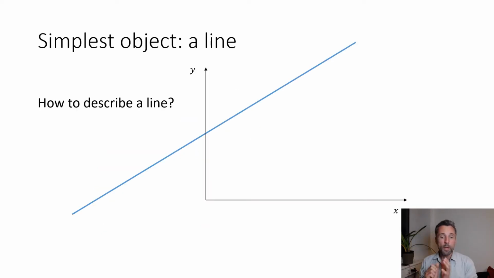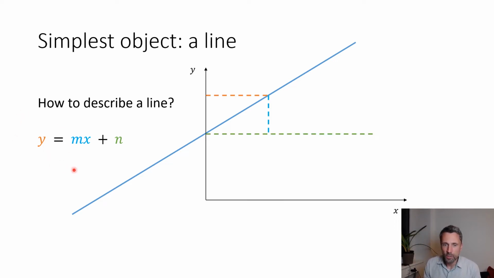Okay, so let's apply this idea to the simplest geometric object, a line. And to be able to create different hypotheses, we need a mathematical description of a line equation. So what is your favorite line equation? Well, I hope something like that would be a response.